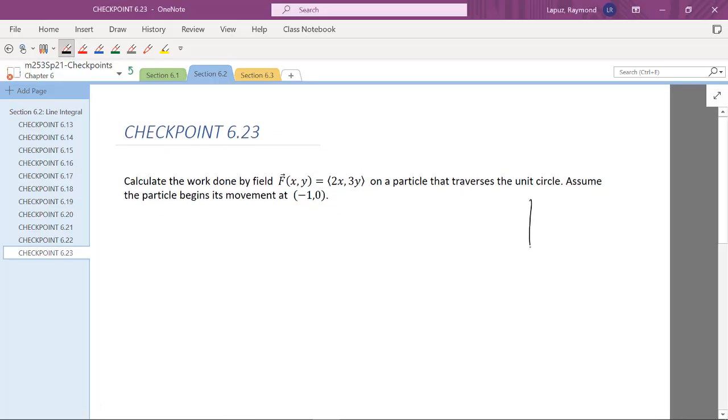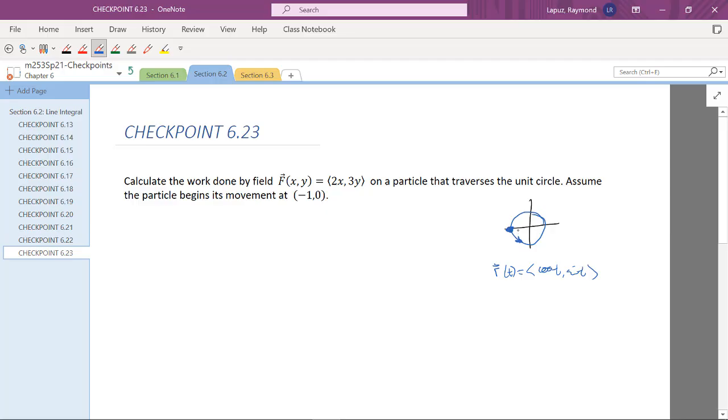So if we graph our unit circle and figure out that we want to start at (-1, 0), again, they don't specify whether we're going clockwise or counterclockwise. So let me just make some assumptions and say, let's just go clockwise so we can keep our original polar coordinate parameterization, cosine t, sine t.